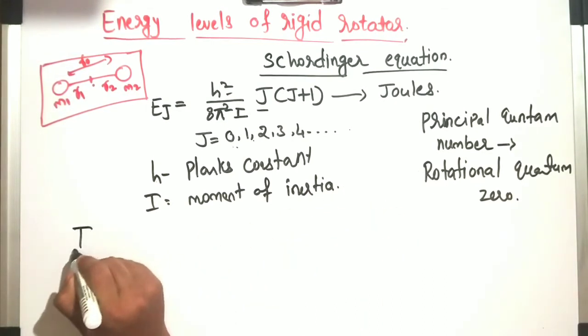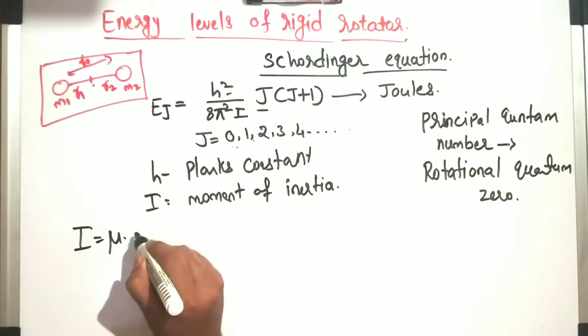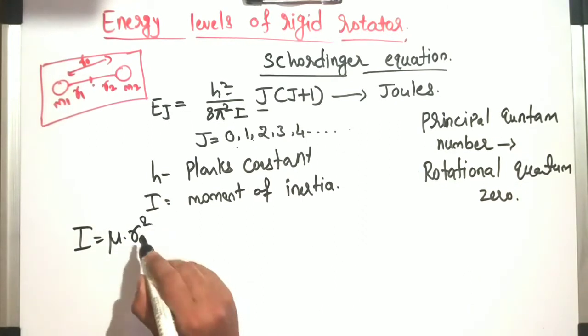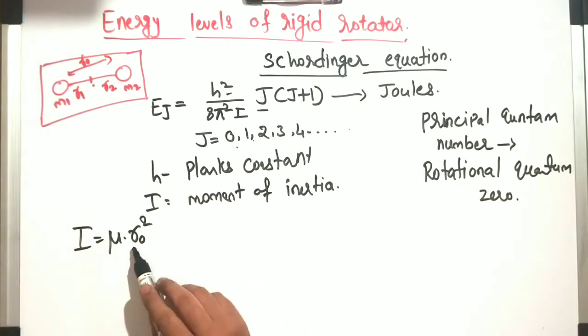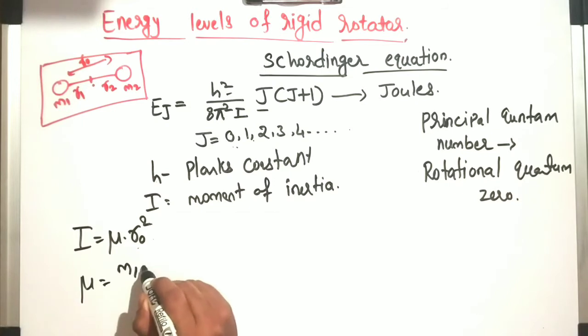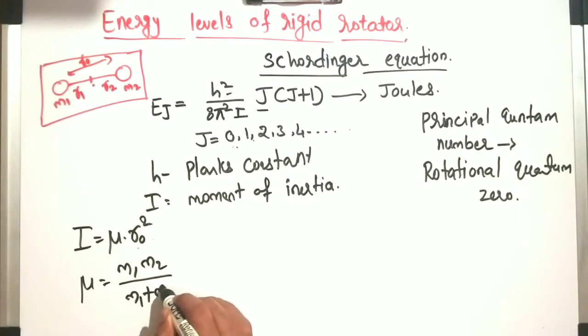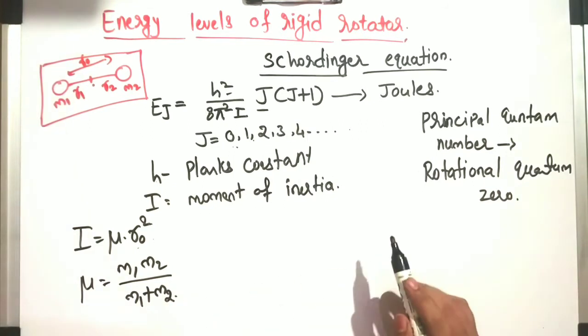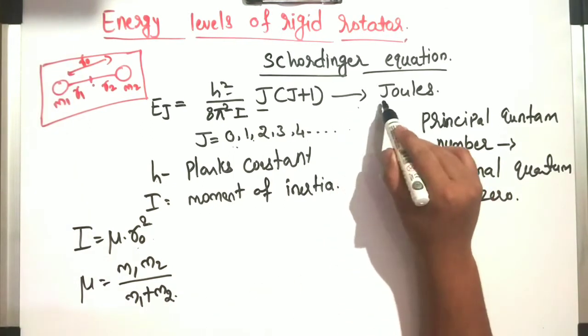I equals mu into r0 square, isn't it? And what was mu? Mu was m1 into m2 divided by m1 plus m2. Now this is in terms of joules.